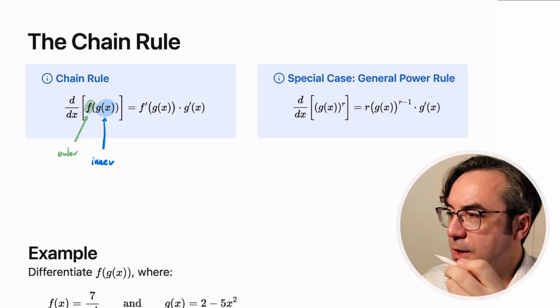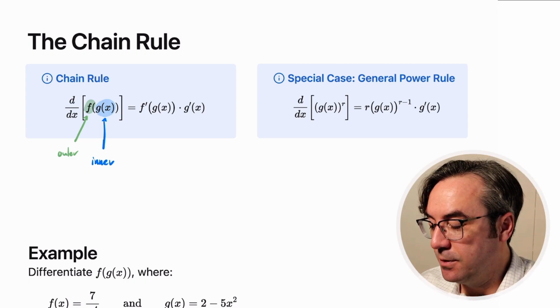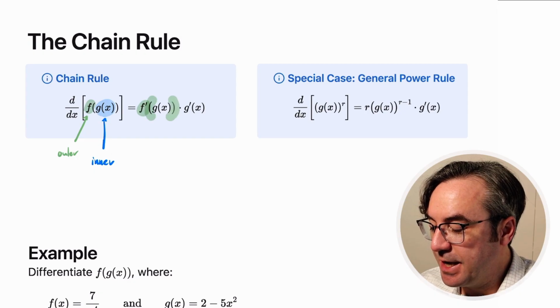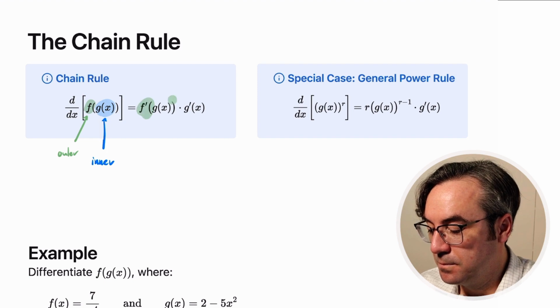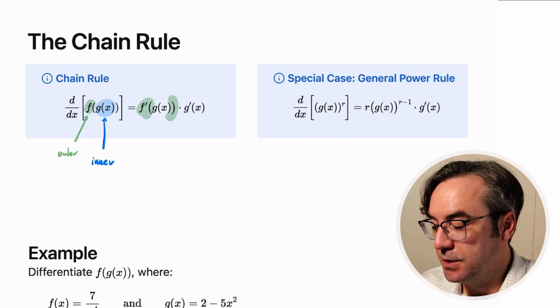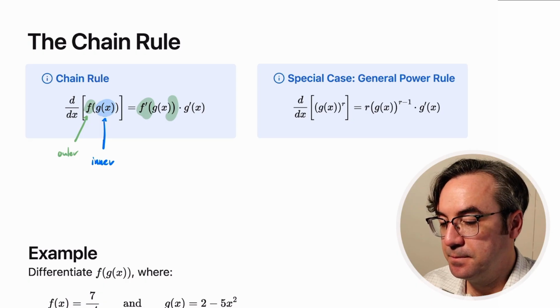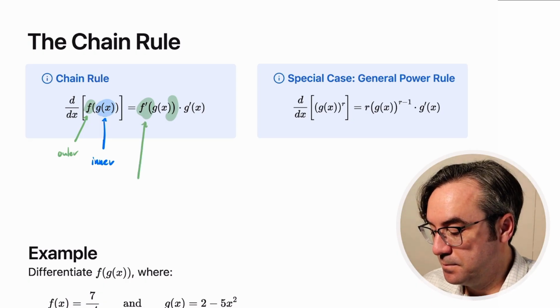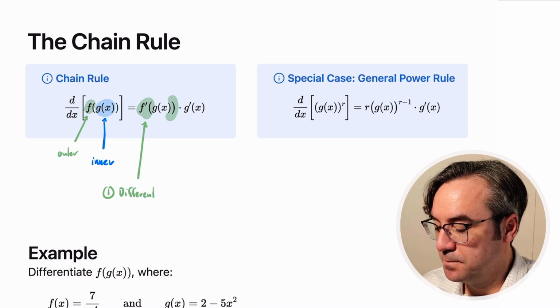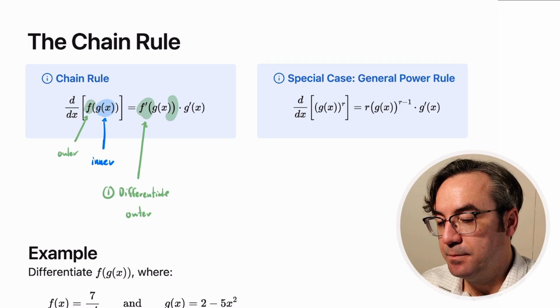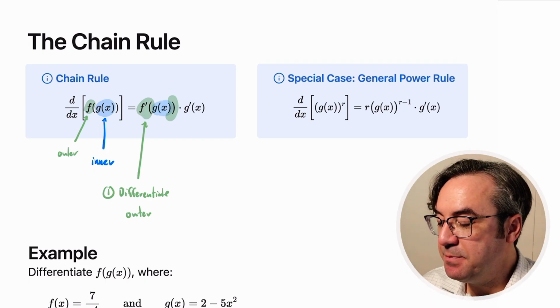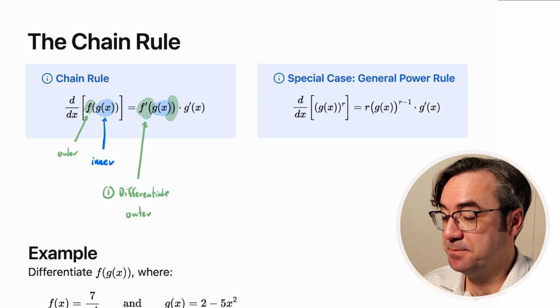So what are we going to do? Well, the first step for the chain rule is to differentiate the outer function. So that's our step 1. Step 2 is to keep the inner function exactly the same.